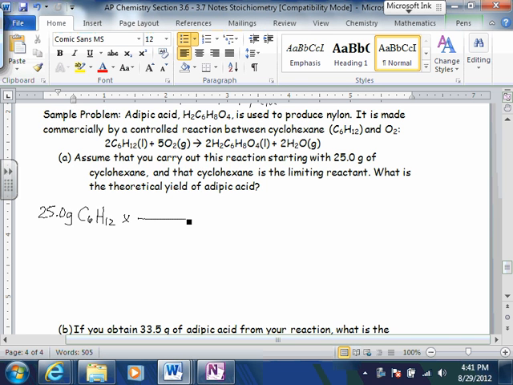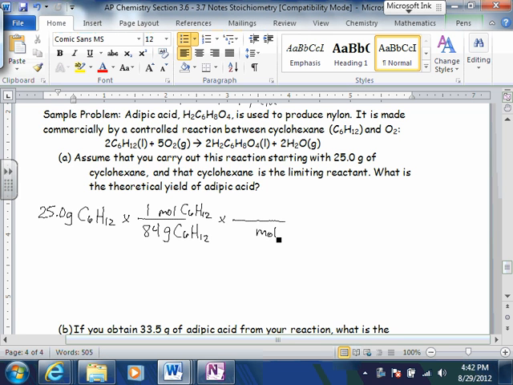to make. So we're going from grams of C6H12 to moles of C6H12. And in 1 mole, we have 84 grams. Again, I'm approximating with my molar masses.